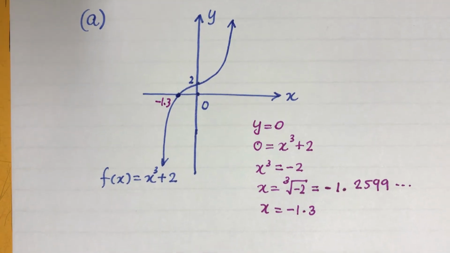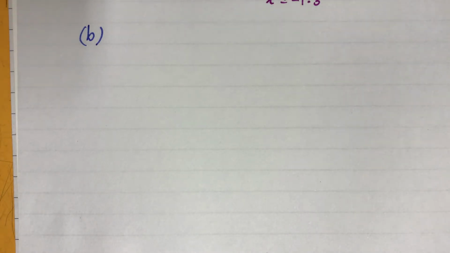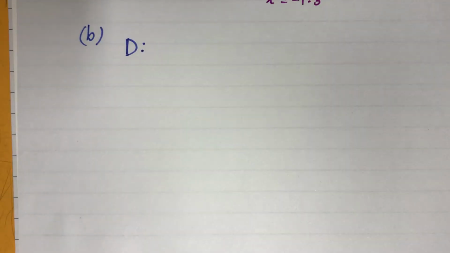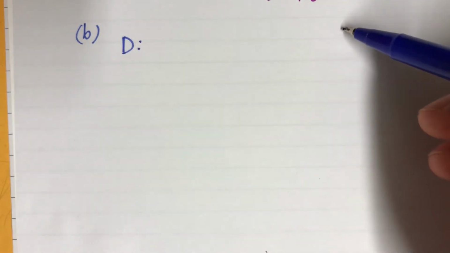Now I'm going to push up, and I'm going to do part B. Part B was to state its domain and range. So domain will be, what did the graph look like? I'm going to sketch it here again, roughly.